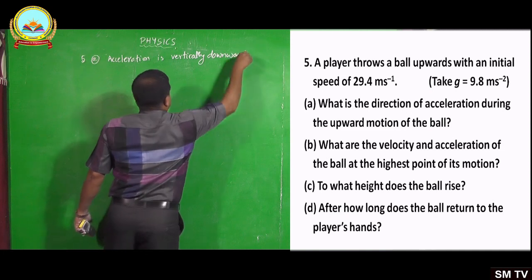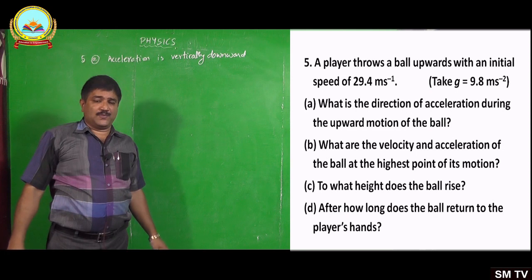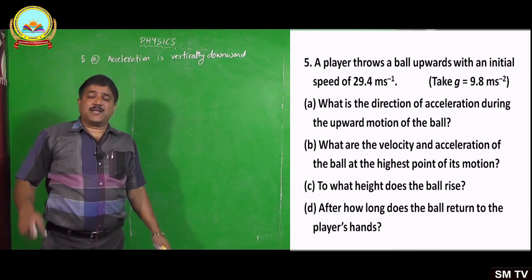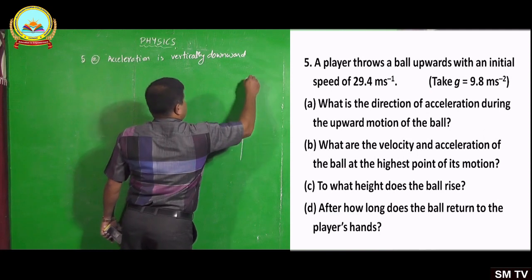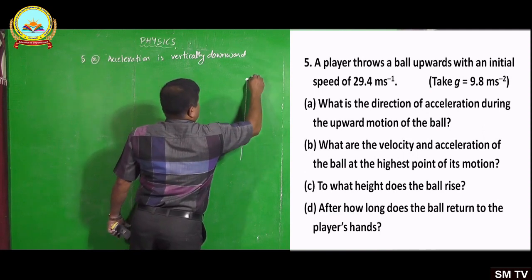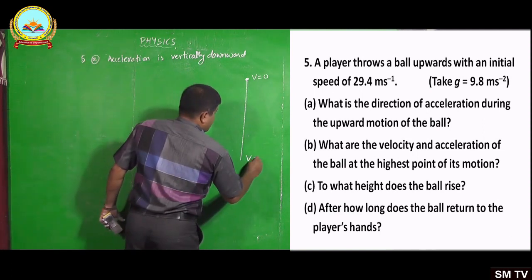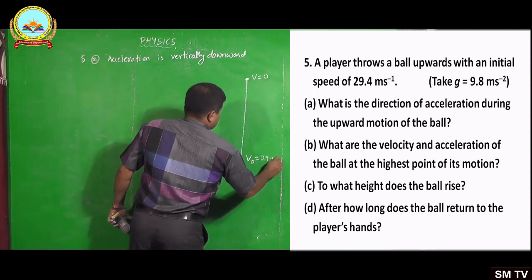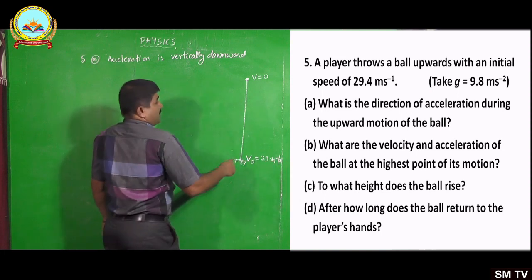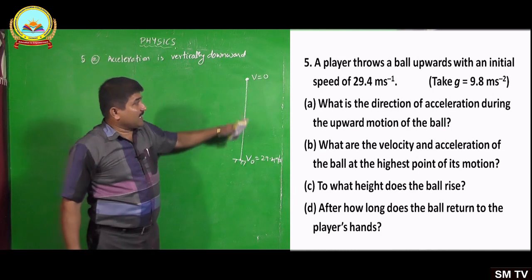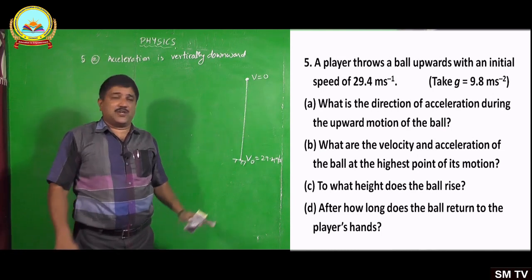And the answer for the second question: what are the velocity and acceleration of the ball at the highest point of its motion? Whenever you throw a ball like this and it reaches the highest point, at the highest point velocity will be 0. Here the initial velocity is 29.4 meter per second, that is given in the question while projecting from the ground, and acceleration will always be the same, it is constant, uniform. Acceleration due to gravity is uniform.